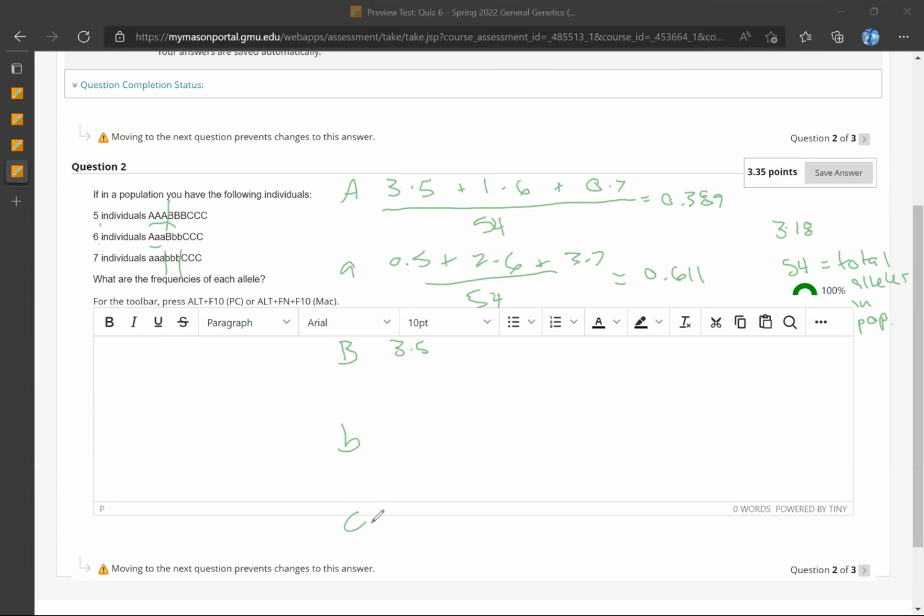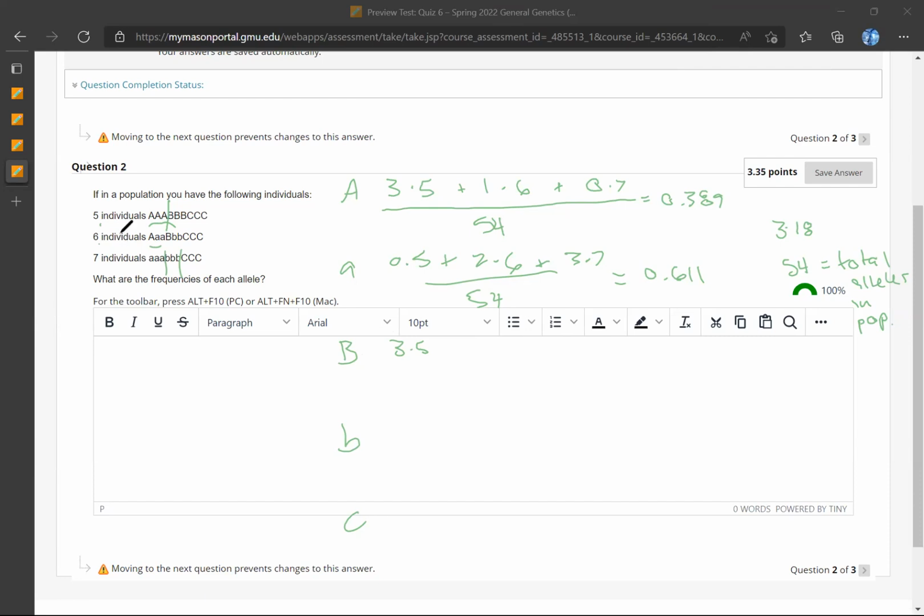Yes, Joseph. For quiz 7, I haven't seen quiz 7, I'm sorry. Anyway, we can keep doing this math, and this is the math you do if you want to find the frequency of any allele at any particular locus. You simply find the number of times you see that allele among all of the individuals of the population.